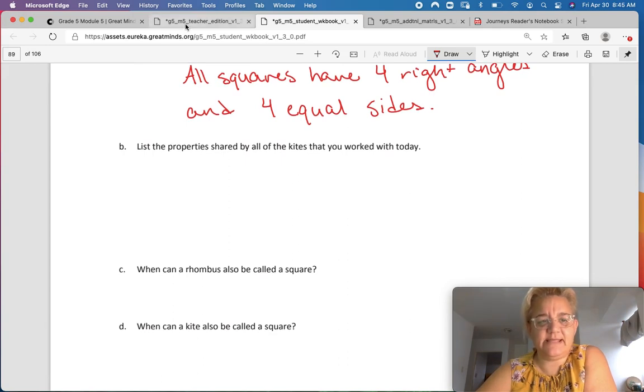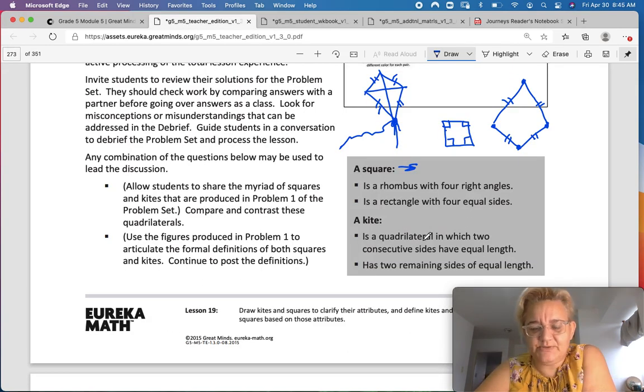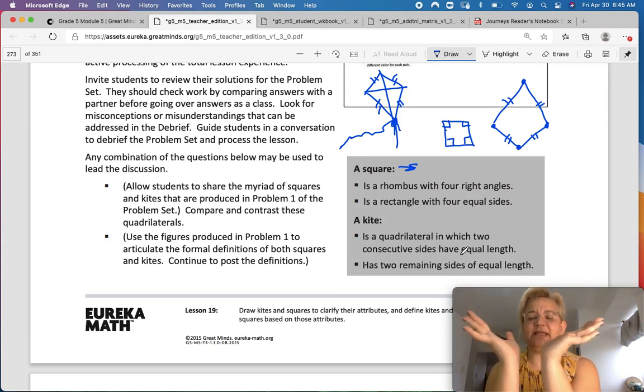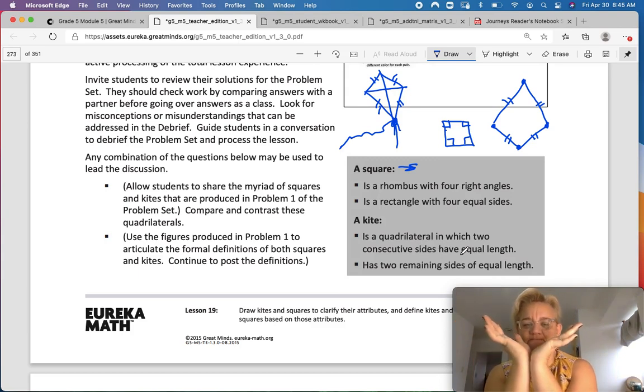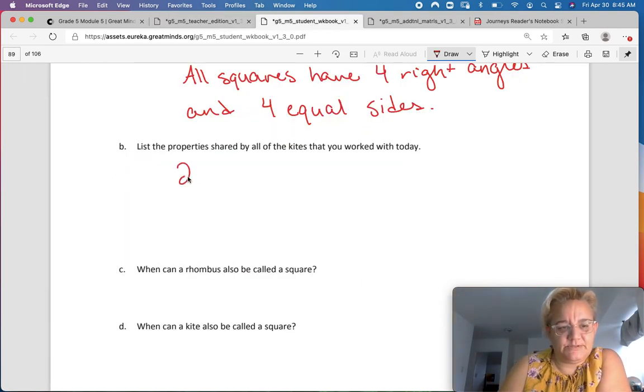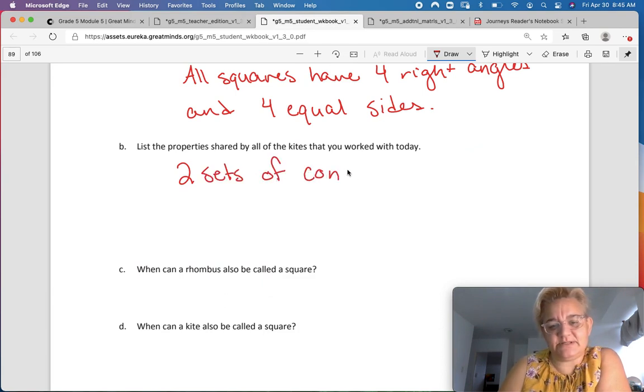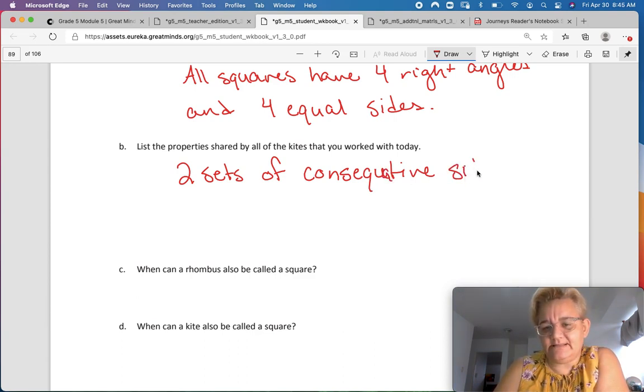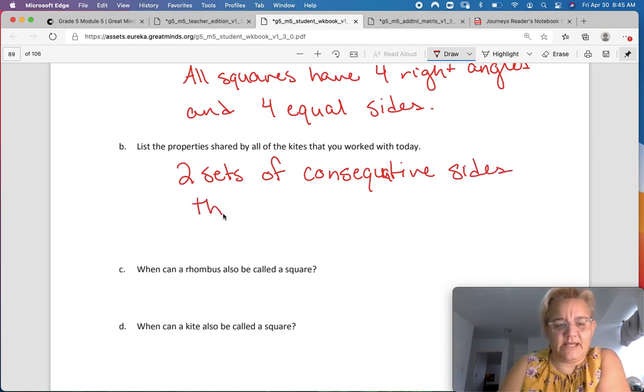Well, what did we say about kites? Okay, 2 consecutive sides of equal length. That means consecutive means that they have to be touching, okay? So 2 sets of consecutive, that means next to each other. Consecutive, I think I'm spelling that wrong. Consecutive sides that are equal in length.